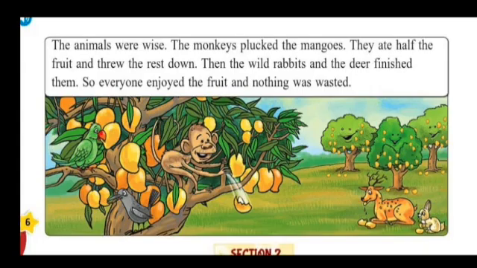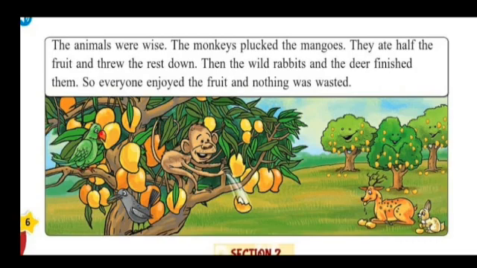Now, let's turn on to the next page and see the next picture. The animals were wise. The monkeys plucked the mangoes. They ate half of the fruit and threw the rest down. Then the wild rabbits and deer finished them. So everyone enjoyed the fruit and nothing was wasted.